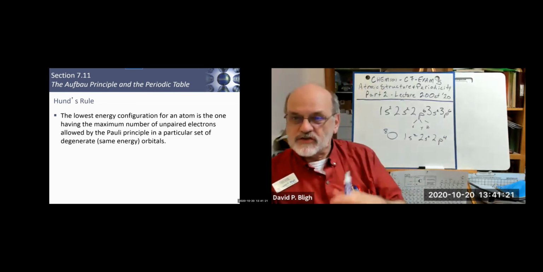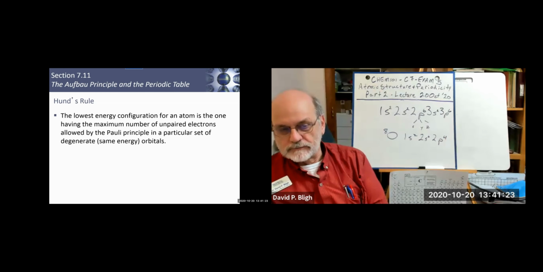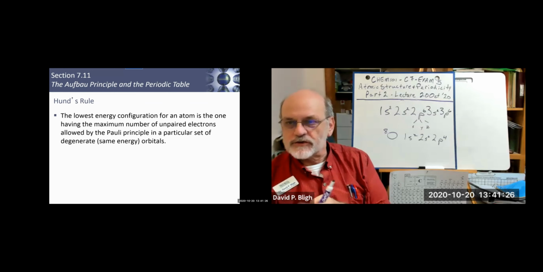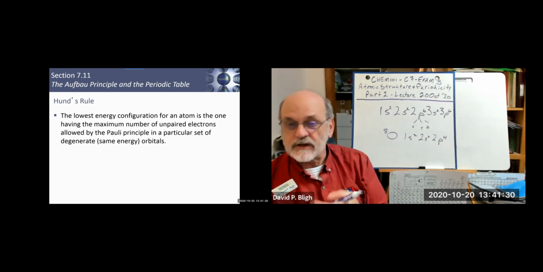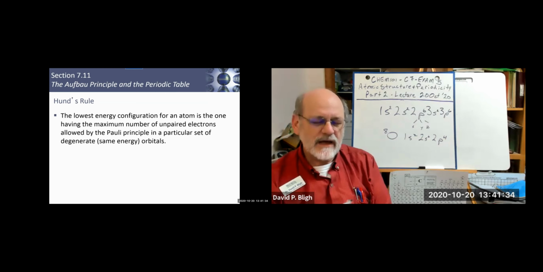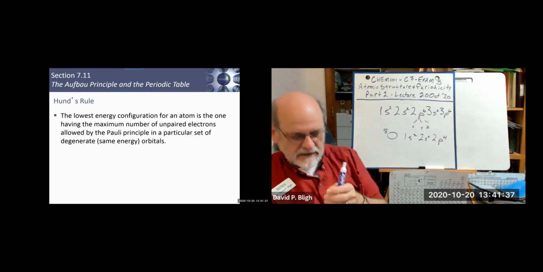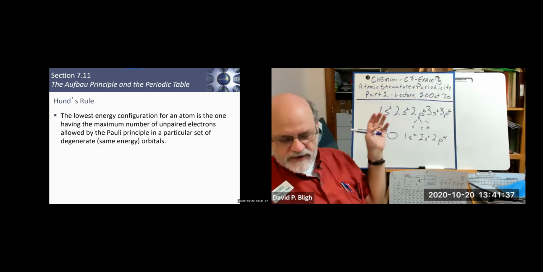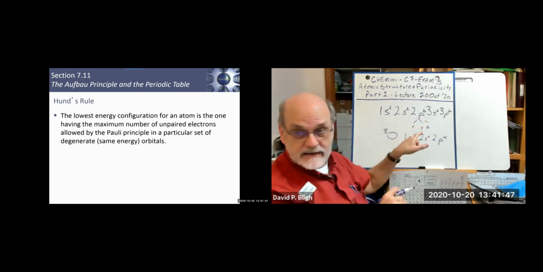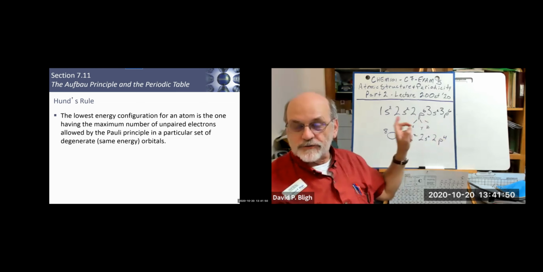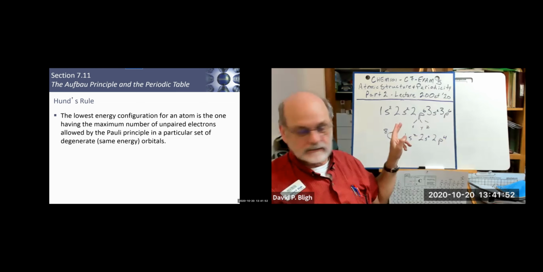Okay, what we've just described is, well, actually, I take that back. That was the Aufbau principle, excuse me. Hund's rule goes one step further. Hund's rule says that if you have subshells available, like X, Y, and Z, then you fill those 1 electron at a time.